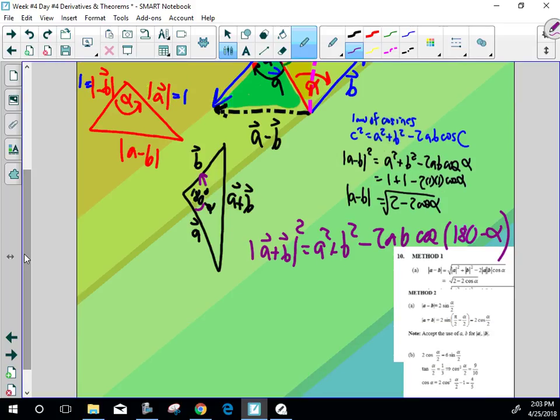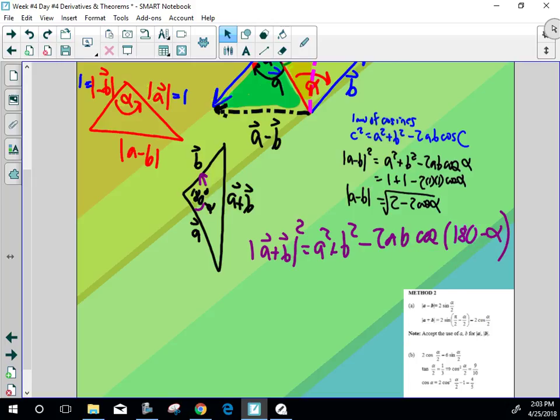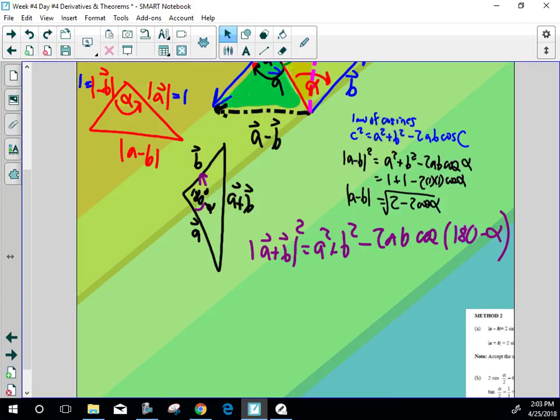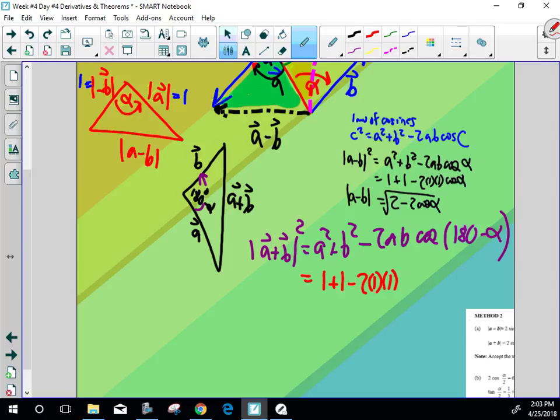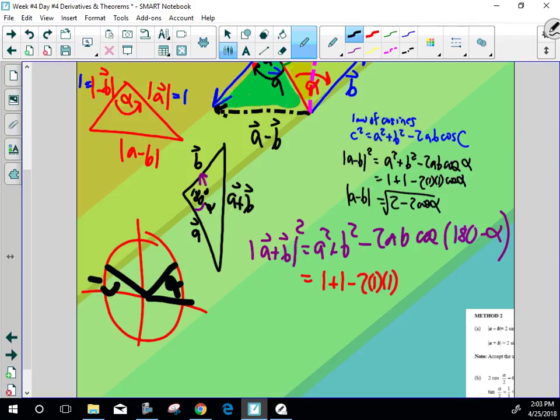And what's A and B again? 1. Okay, so this is going to be 1 plus 1 minus 2 times 1 times 1. Tell me about the cosine. Here's alpha. Here's alpha. What is 180 minus alpha, or this angle here? How does the cosine, which is the x part, compare to the cosine of this one? Do you get that?